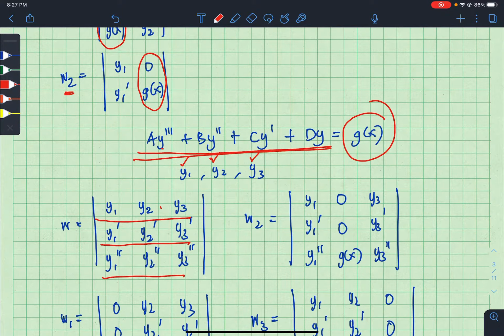So now we're going to get our Wronskian. Since there are two solutions, cosine theta and sine theta, the derivative of cosine theta is negative sine theta, and the derivative of sine is cosine theta.